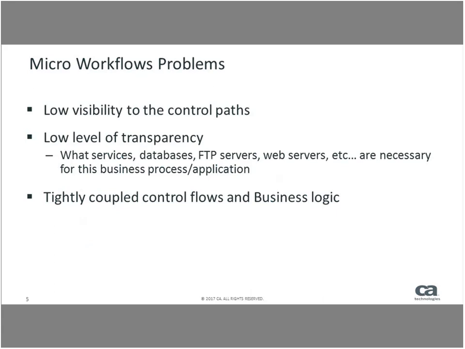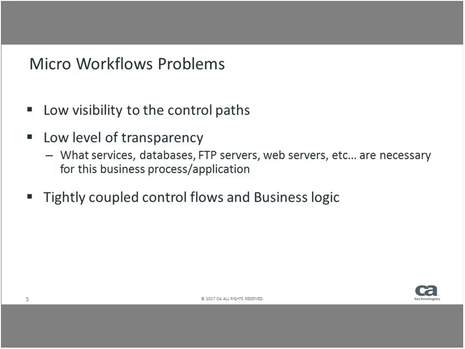In a lot of cases, if you have FTPs built into your scripts, or if you're doing a check to see if some service is available or if a database is available, there's no transparency outside of that job as to what's going on within that wrapper script or that JCL.